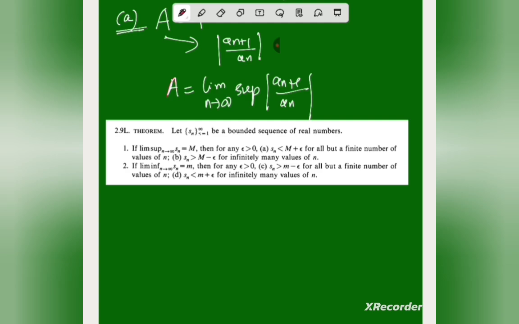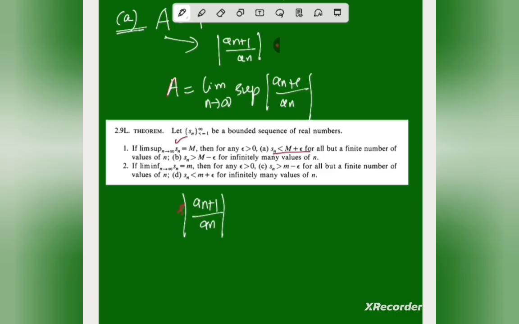So when the supremum is given, you can write that Sn is less than that supremum plus epsilon, and this is true for all but a finite number of values of n. The sequence given is modulus of a(n+1) by a(n), right?